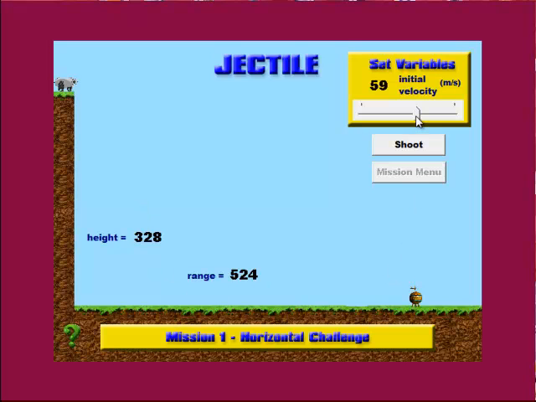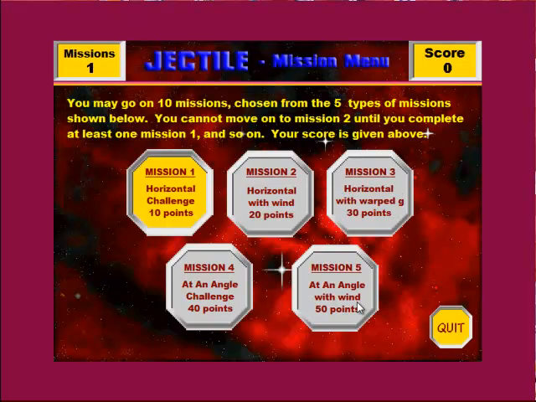They have to do the calculations and then hopefully hit the target. Unfortunately, guessing is not a very good way of solving the problem, as you can see. Go back to the mission menu.